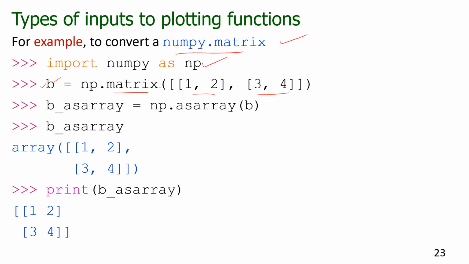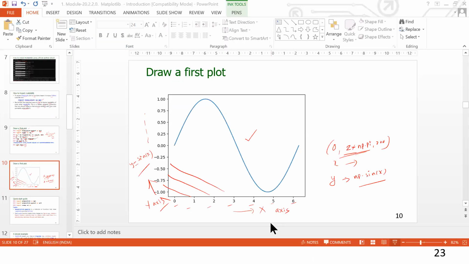Now this type is matrix type. Now you are converting it into array type using the asarray method, np.asarray(b), stored in, let us assume, b_asarray. Whenever you call b_asarray, this is array type. Whenever you print this one, it prints like a matrix. So let us see this program.